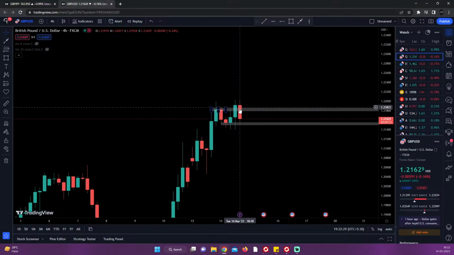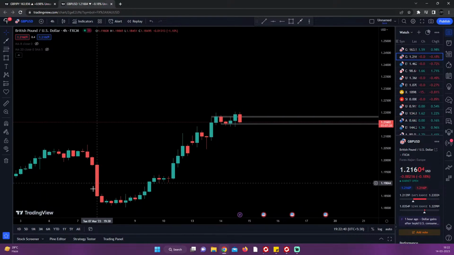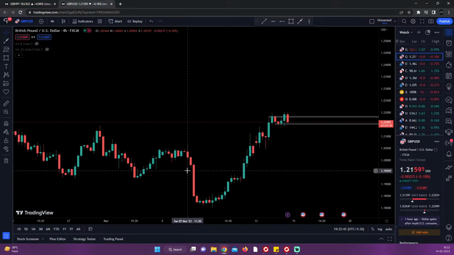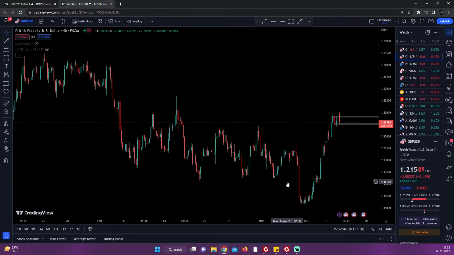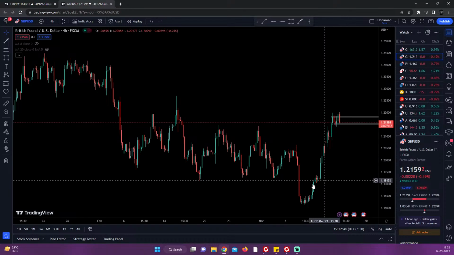So right now I can't say anything by looking at the 4-hour time frame. The market trend is obviously buy right now, temporary. On a temporary basis it's a buy, but this whole move over here is a fake out.